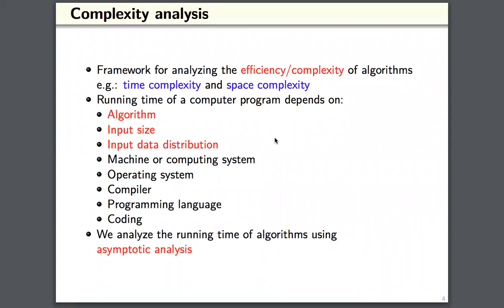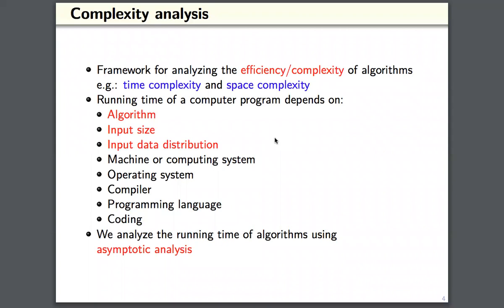Next, operating system. Some operating systems have native calls for many arithmetic operations and all those things, right? So depending on operating system, the runtime can vary. Depending on the compiler, it can vary. The compiler will have optimization, its own algorithms, how to consider instructions and all. Programming language, and you know this very well, right?